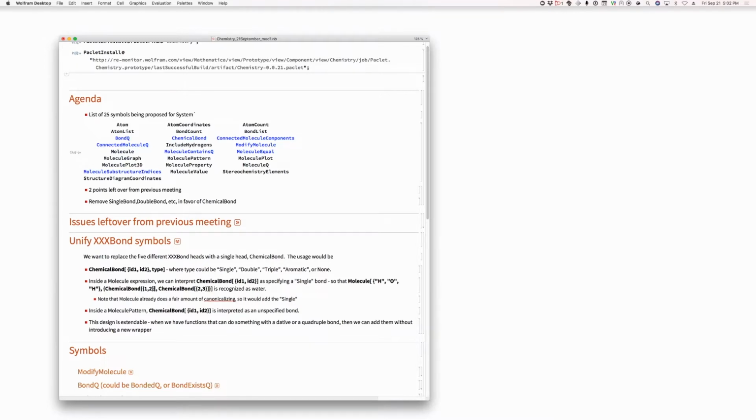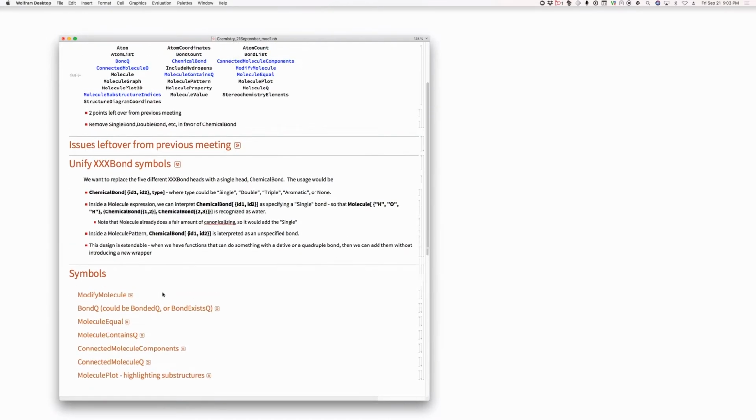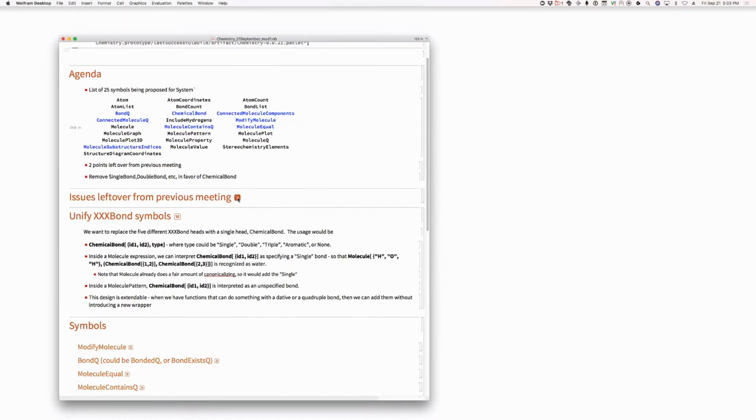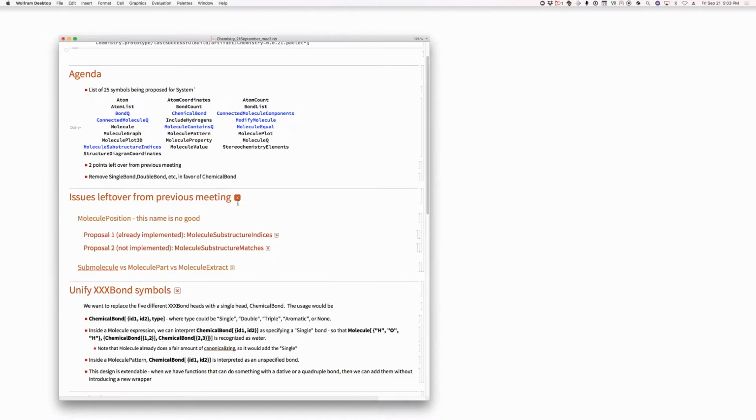So if you assume that there are no implicit hydrogens, then if all the atoms were present and there were two carbons that only had two other ligands besides each other, then it would be a double bond. Okay. But it's not completely obvious, so it's not going to be trivial to implement that. Yeah.